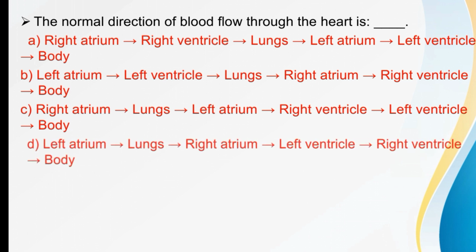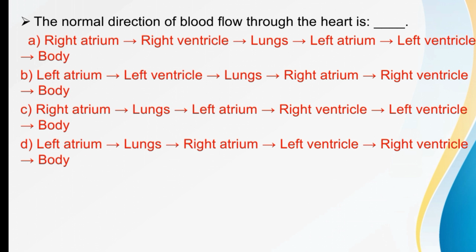Which one is the correct option? Or left atrium, lungs, right atrium, left ventricle, right ventricle, to body. So the correct direction of the blood flow is left atrium to left ventricle, then lungs, then right atrium to right ventricle, then body. So the right option is B.